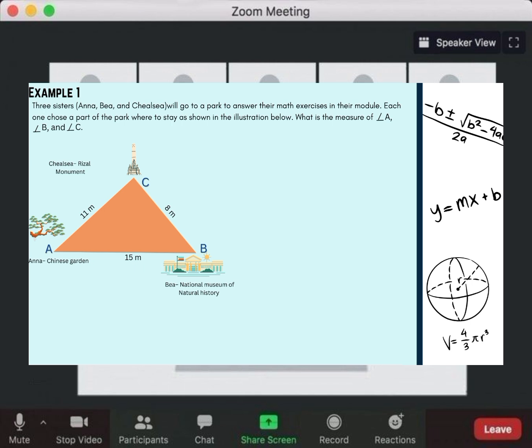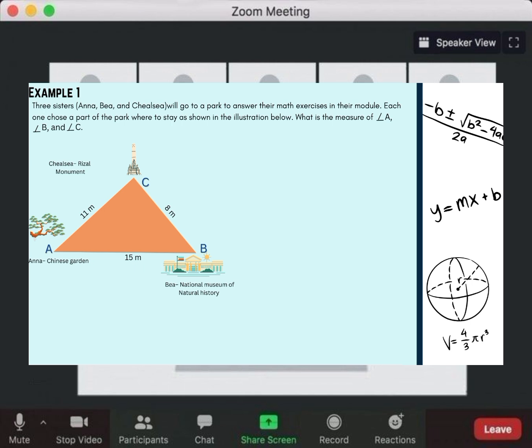Chelsea is in the Monuments. In the other locations, we have Anna in a Chinese garden and Bea in the National Museum of Natural History. As we can see, the measurements of the three sides are given: 11 meters, 8 meters, and 15 meters.